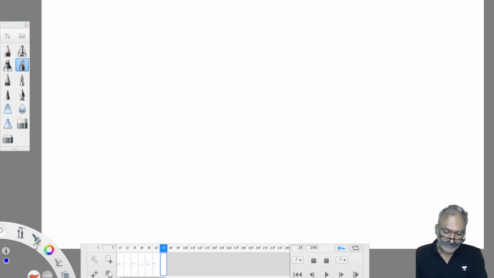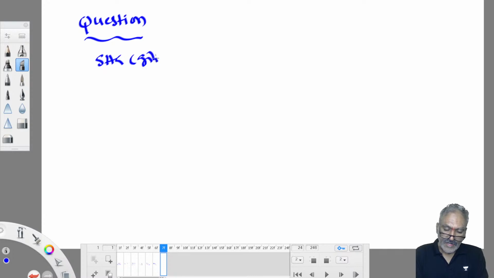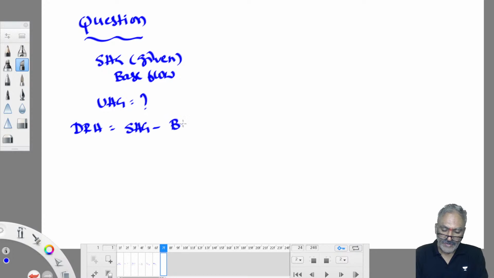Whenever the kind of question they ask is like this: the storm hydrograph is given to you along with base flow, and you are expected to find the unit hydrograph. Then what to do? First we derive the direct runoff hydrograph, which is the storm hydrograph minus base flow.